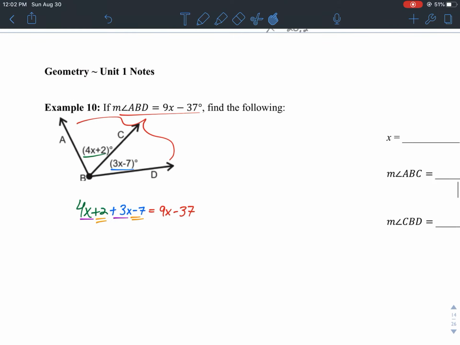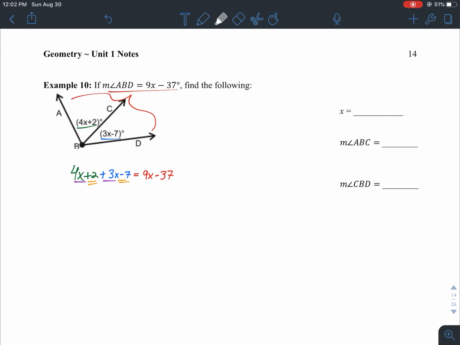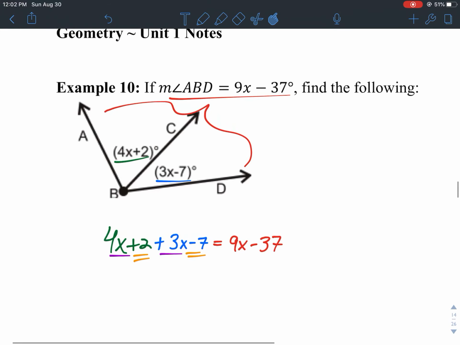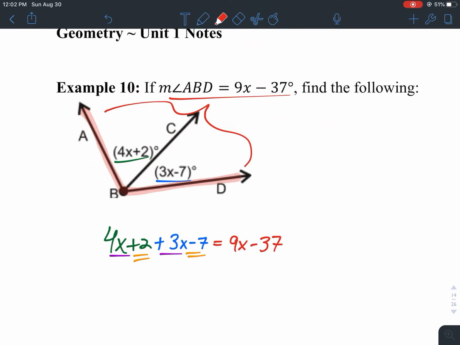All right, finally we have example 10. It says, if the measure of angle ABD is 9x minus 37, find the following. We have 3 things we need to find. We need to find x, the measure of ABC, and the measure of angle CBD. So again, ABD is 9x minus 37, that is the whole thing.